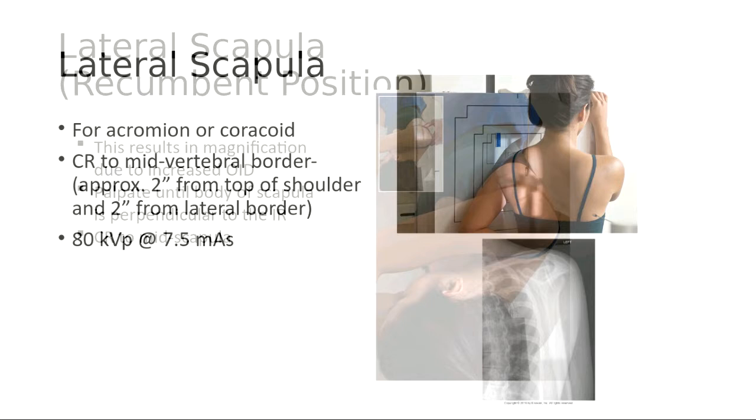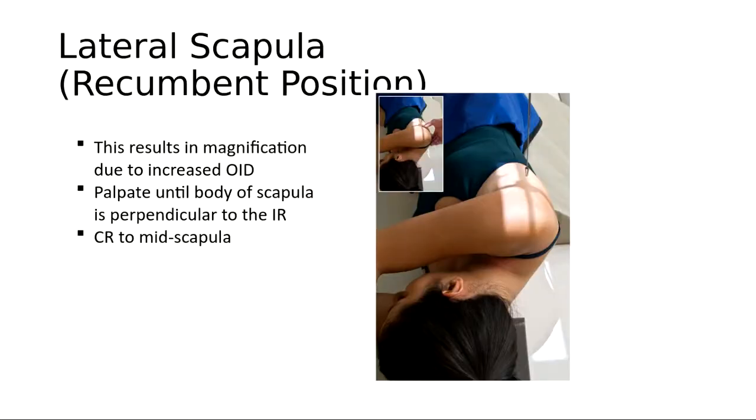There also is a recumbent lateral scapula. Now, notice with the recumbent lateral how much OID there is between this shoulder and the table, because she's on a 45-degree angle sponge. So this is going to result in magnification because of the increase in OID.